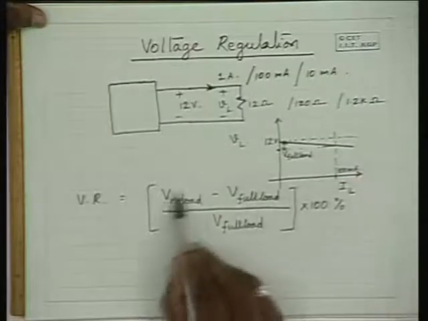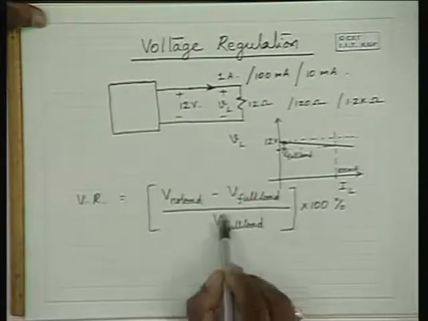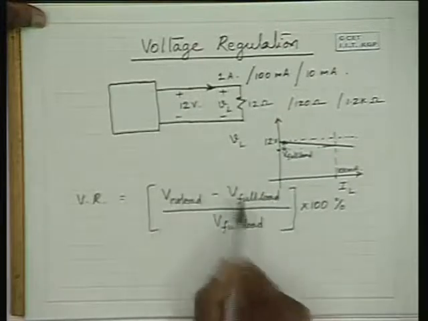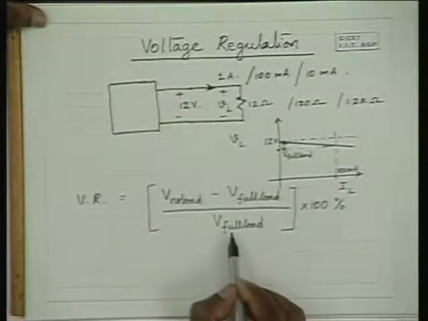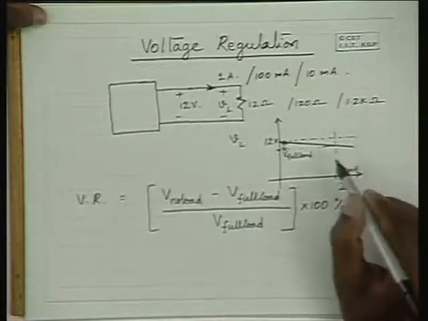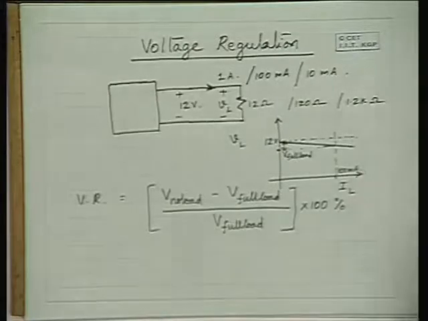And we measure it as a ratio of the full load, because very often supplies are rated in terms of full load. Under full load of 100 milliamperes, the voltage is so much.